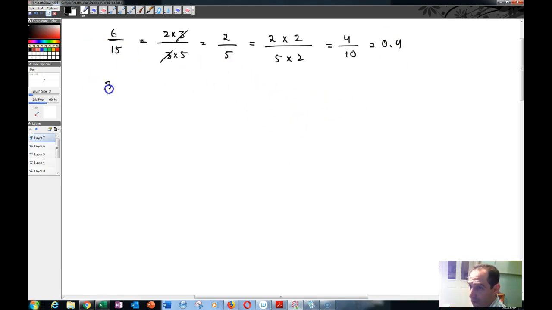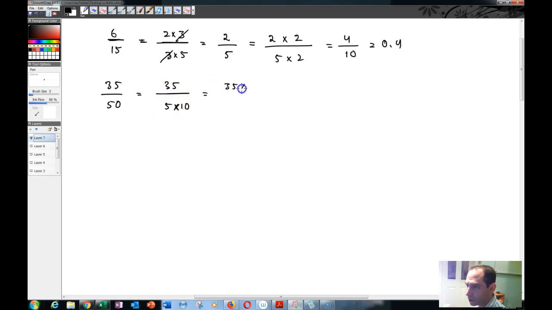Or if you have 35 over 50, for example. There is no problem here, because this is the same thing as 35 over 5 times 10, and you can leave the 10 as it is. You don't have to do much there. And then for your 5, you just have to multiply by 2 to get a 10.